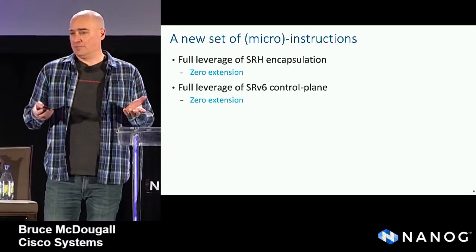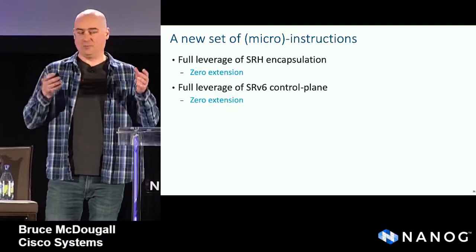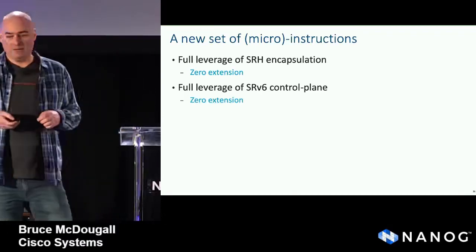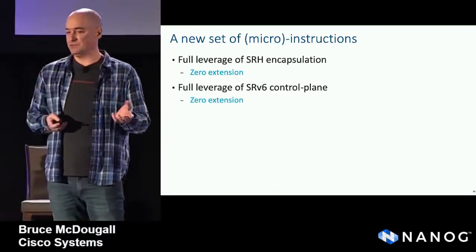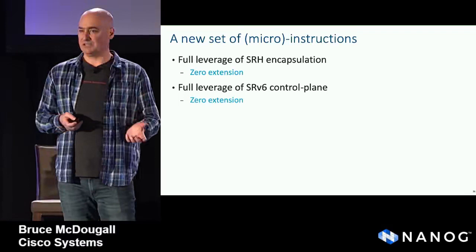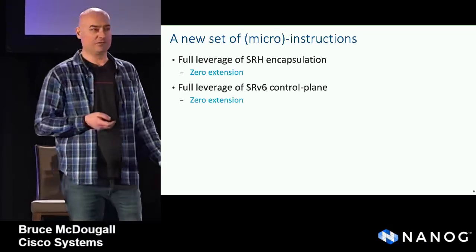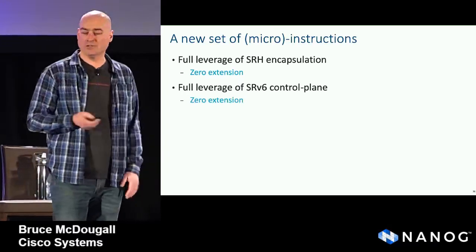With microprogram, we look to take that 128 bits and break it into potentially several smaller programs. Microprogram completely leverages existing SRH encapsulation and the SRv6 control plane, so there's zero extension required to either of the protocols.